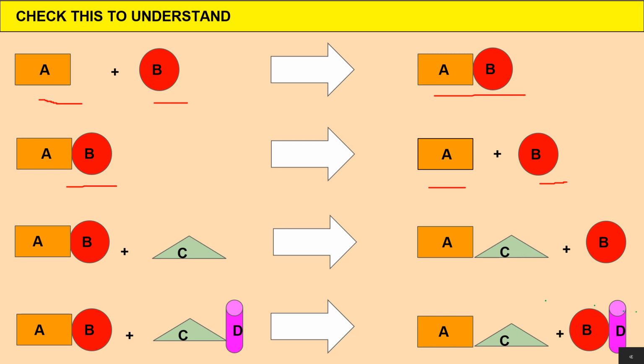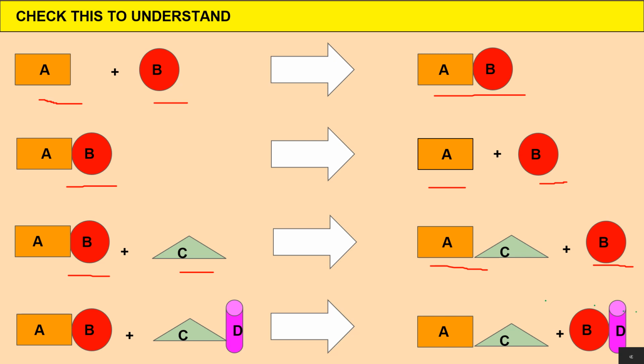In the third figure, we see that chemical AB reacts with chemical C. After reaction, C takes the position of B, forming AC and B. This is an example of displacement reaction.